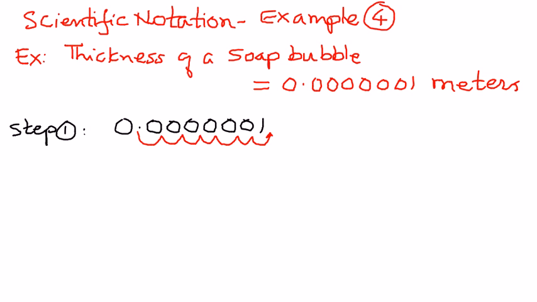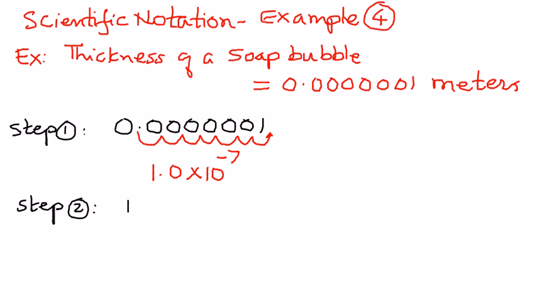And when we do that, we can express this number as 1.0 times 10 to the power of negative 7. We moved it 7 places to the right, and we want to make sure that the way we have expressed it is in line with the scientific notation.